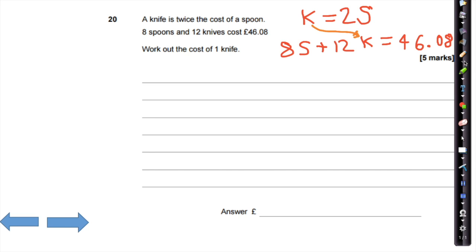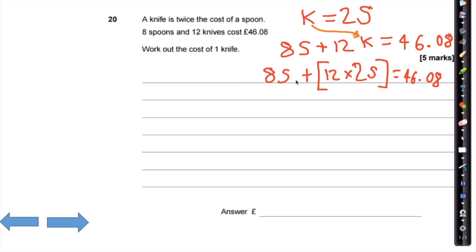So instead of writing 8s plus 12k, we can write 8s plus, and to see the calculation a bit clearly, I'm going to put a bracket around it, 12 times, instead of k, we know it's 2s. So 12 times 2s, close bracket, equals £46 and 8 pence.